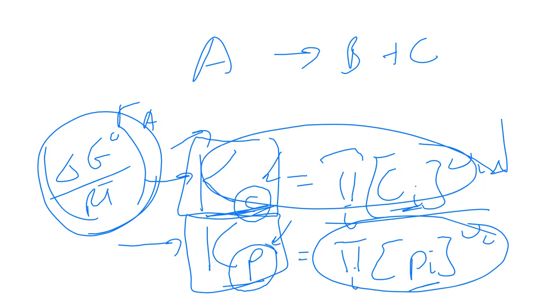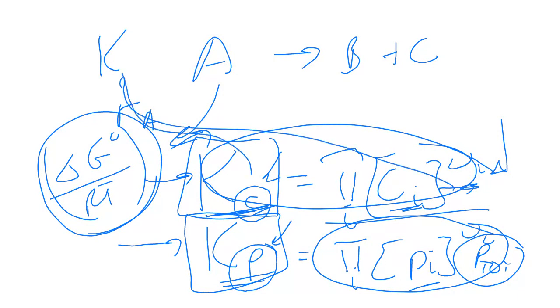But there's a link between the partial pressures and the total pressure, which will be the link between your Kp value and your true equilibrium constant, and the total molar concentration will be the link between Kc and K.